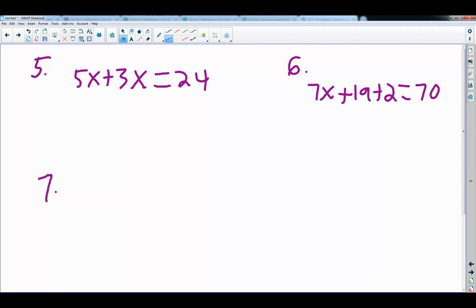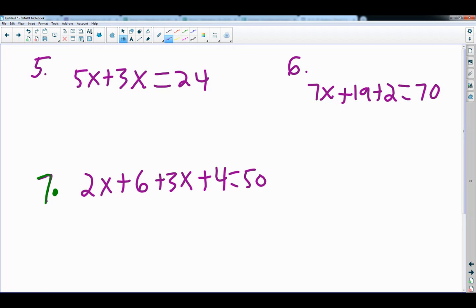Number 7, 2x plus 6. Again, this is number 7. Here, let me put that in green so you don't think that's part of the problem. Plus 3x plus 4 equals 50.